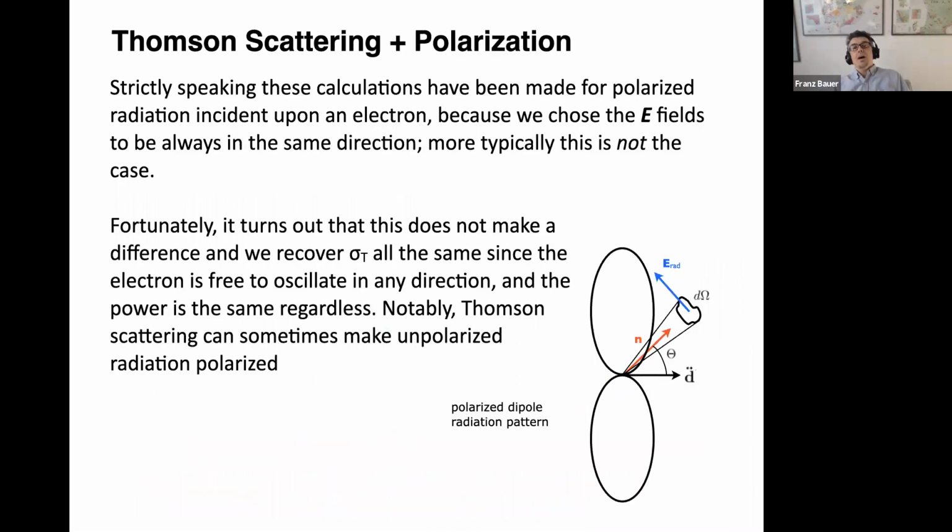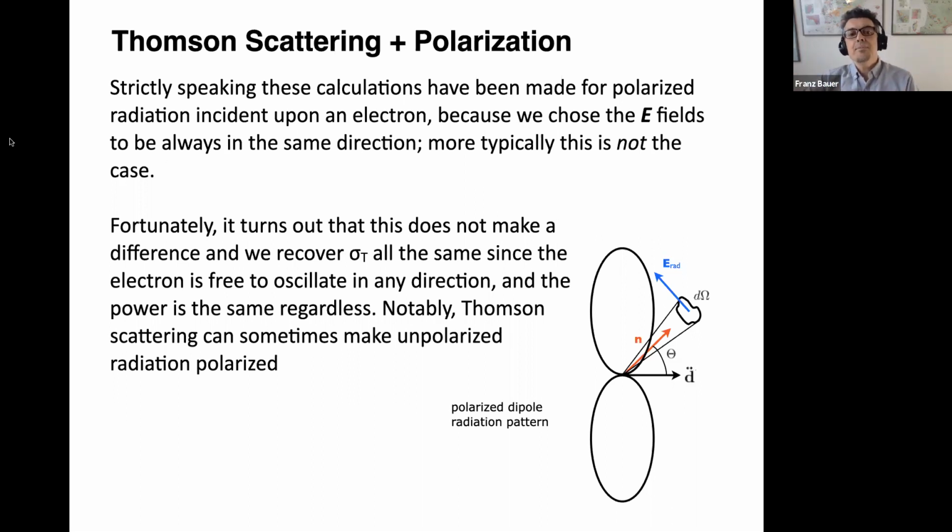Okay, so we can think about the polarization of this. Initially we had something which came in linearly polarized, one photon of light. Strictly speaking, these calculations are made for polarized radiation which is incident upon an electron, and we chose the E fields to be coming in the same direction. This is a very idealized case. This is not likely to be true for most purposes.